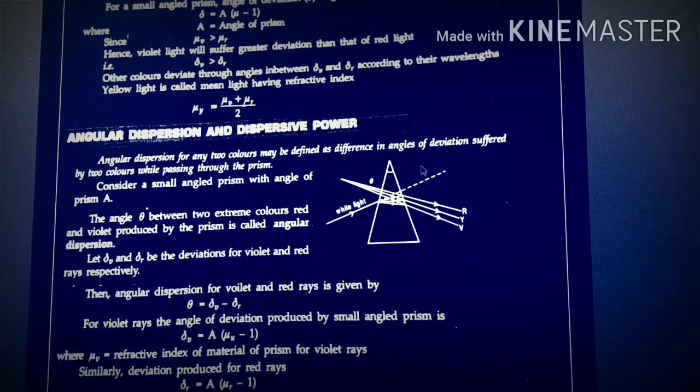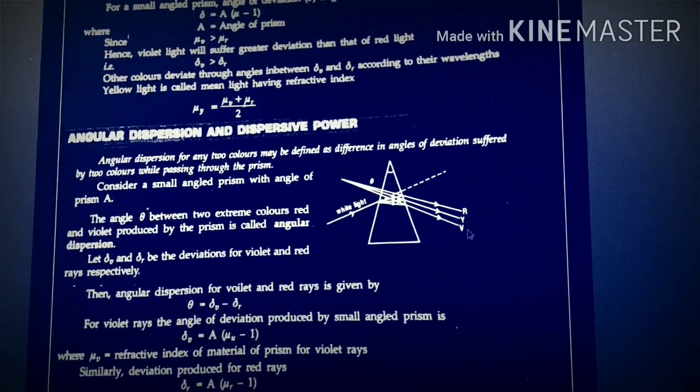So this is the difference between the angles of deviation of any two colors. But in this case, I will consider red and violet. So first we consider a small angle prism with angle A. Theta is the angle of deviation between the two colors, red and violet. This is the angular dispersion.